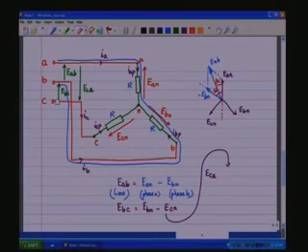So, ECA will be equal to ECN, that is this one, minus EAN, and then back. So, this is equal to ECN minus EAN.